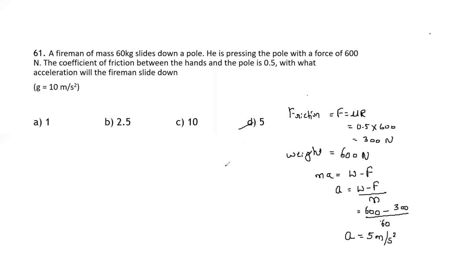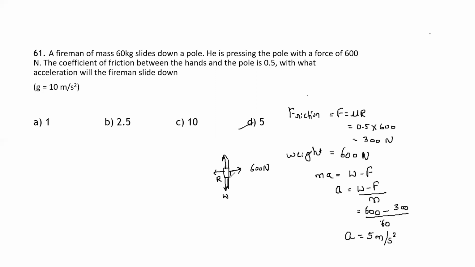If you want to understand this with the help of a figure, then we can consider this as a pole, and here the fireman is climbing. His weight is acting downward. Then this is the force, and here he is pressing the pole.